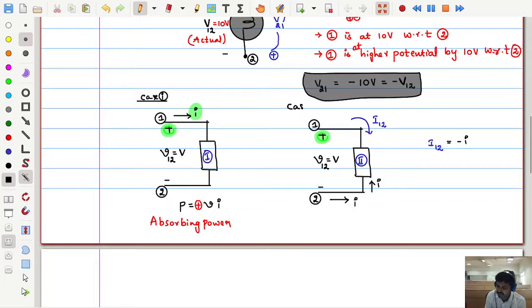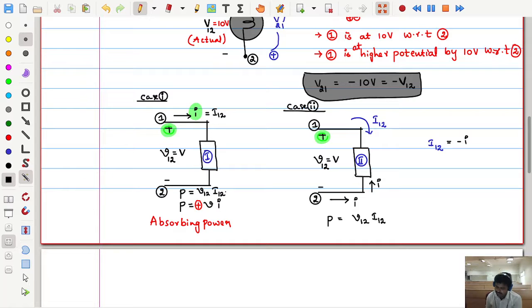Case 2 situation may be something like this. What is that? Current may enter at the negative terminal of the voltage of the element. Then what will be the power? Power, as in the previous expression, is voltage V12 into current I12. This is the generalized expression. Here also you can write the current as I12. So we can write the power as V12 into I12.